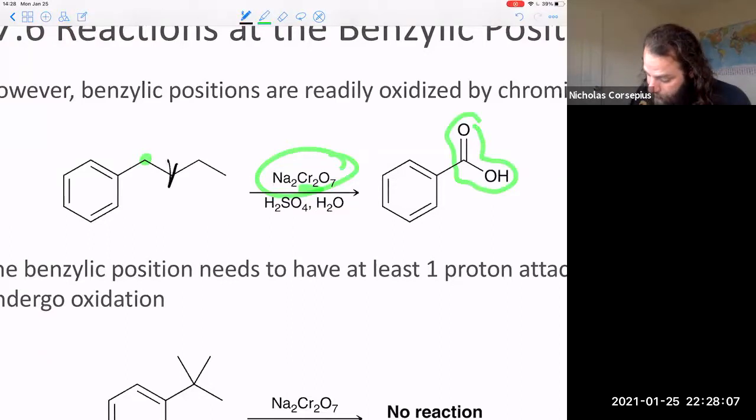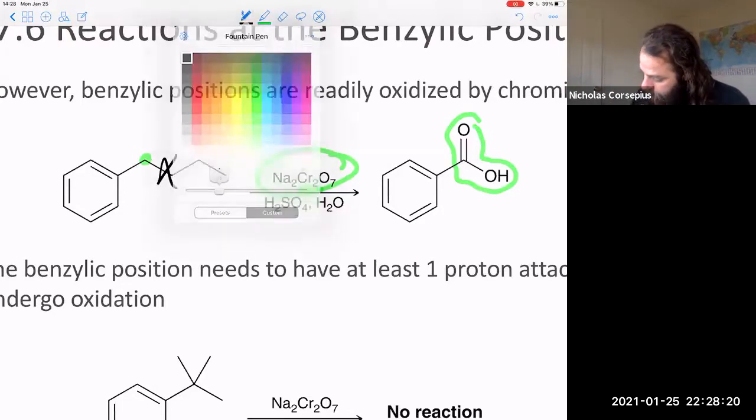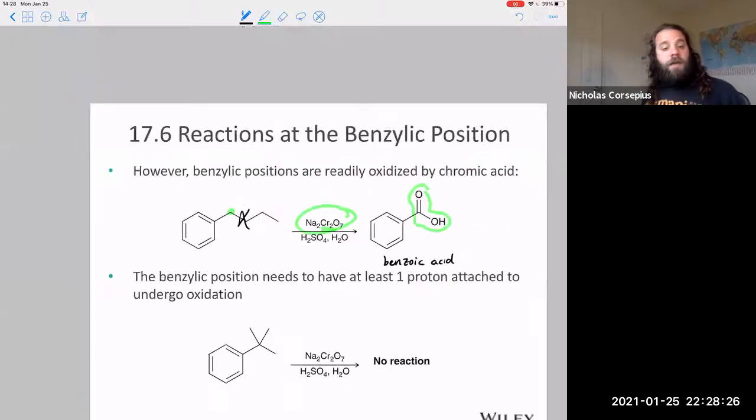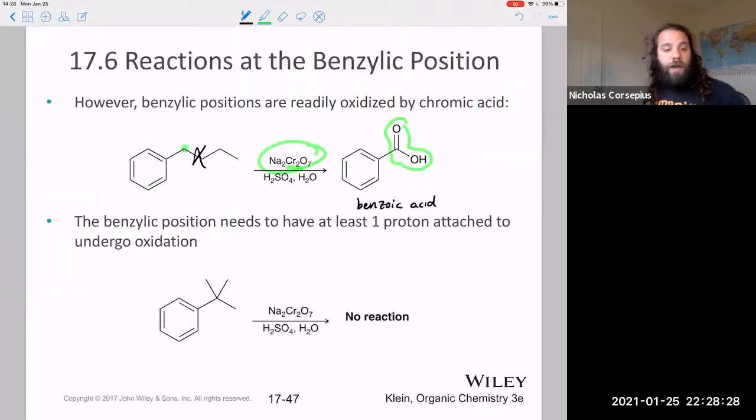Notice that, in the process, it chops off this back half, right? Completely chops that off. So you have a reaction at the benzylic position to create benzoic acid. And this will be the case as long as you have one benzylic proton, right? Or one proton on that benzylic position.